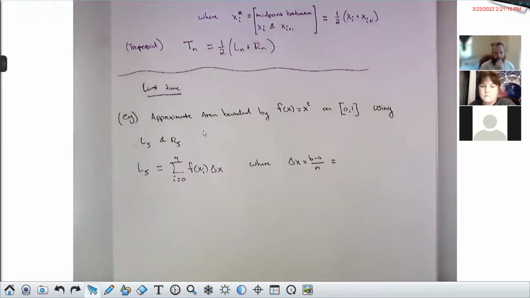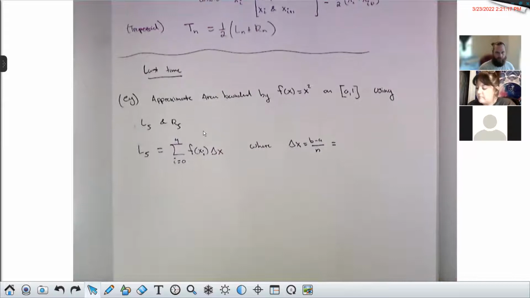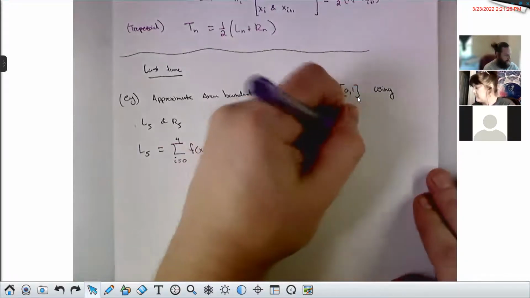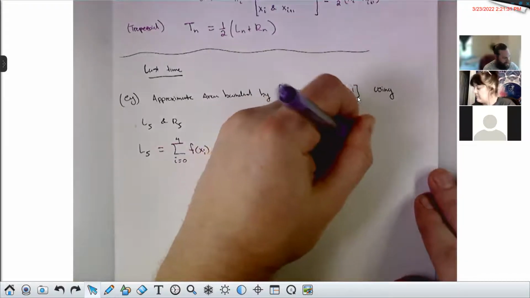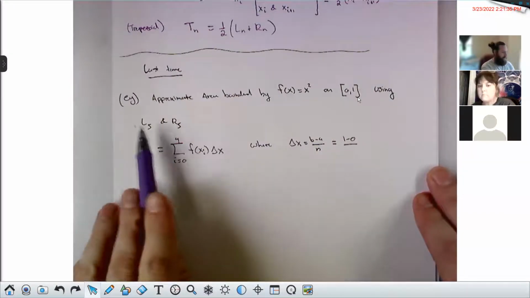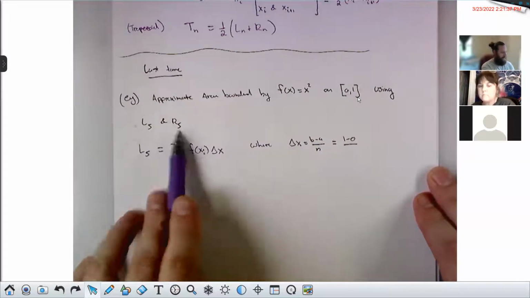Your first actual calculation step in all of these problems is finding delta x. So a and b are the endpoints of the big interval we're working with. So this is the interval from a to b. So a is 0, b is 1. So this is 1 minus 0 over n, the number of rectangles we are using. Since they said to use L5 and R5, n is equal to 5.